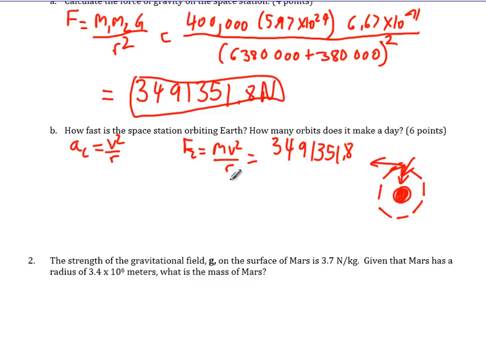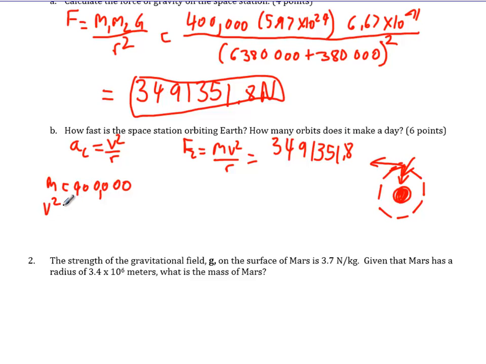Of course, then we need m and r so we can get v. Well, we know these things. M is the mass of the space station, so m is 400,000, because it's the force exerted on the space station, not the force exerted on Earth. It's the space station that's moving.